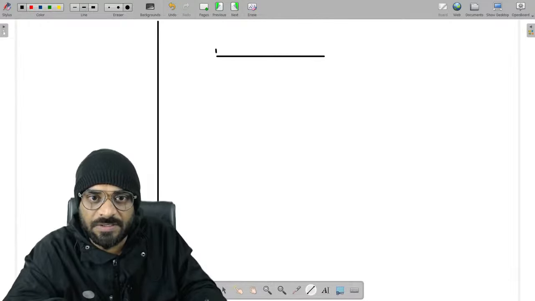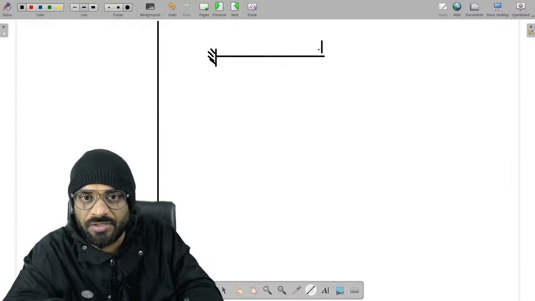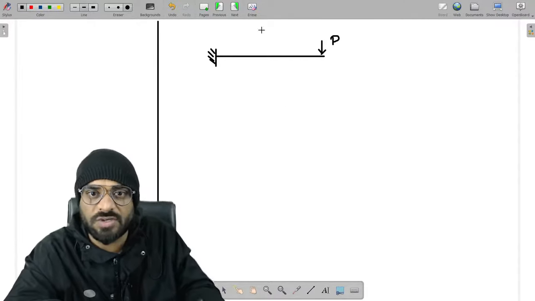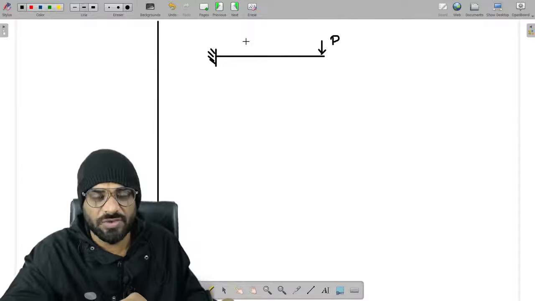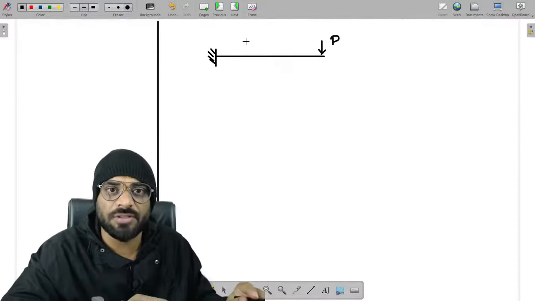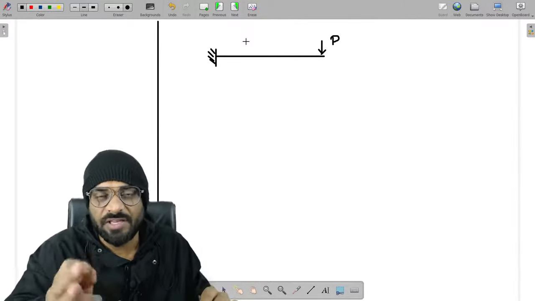Let us suppose guys, this is a structure which is given to us, right? And let us suppose a loading is applied over here whose value is equal to P. Now we just need to find out what is the total strain energy which is stored in this particular structure, right? What is the total strain energy? So you know that guys, the strain energy will depend upon the internal reactions. What are the various internal reactions which we have in the structure?